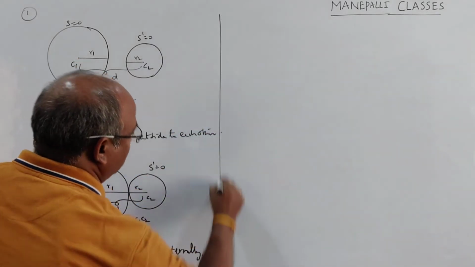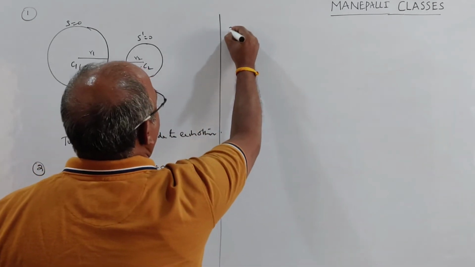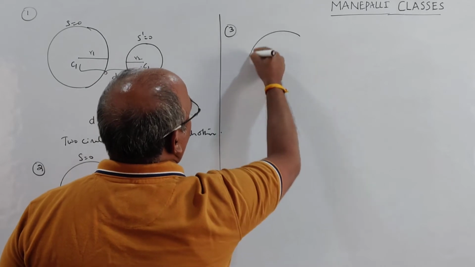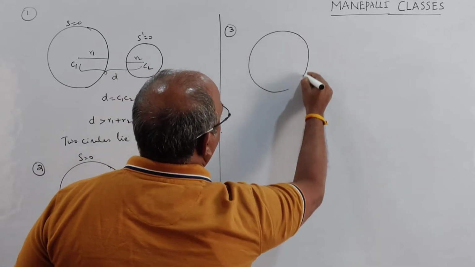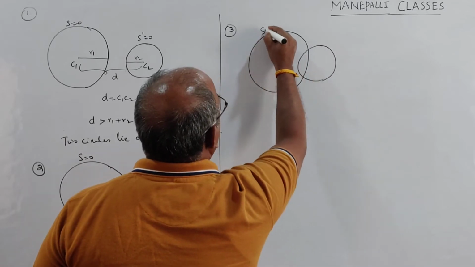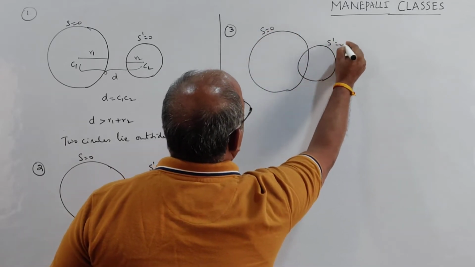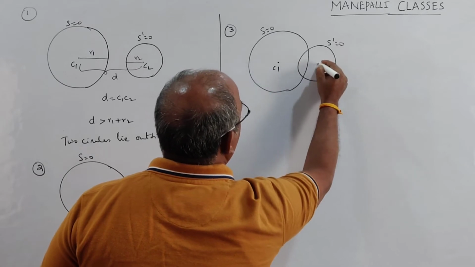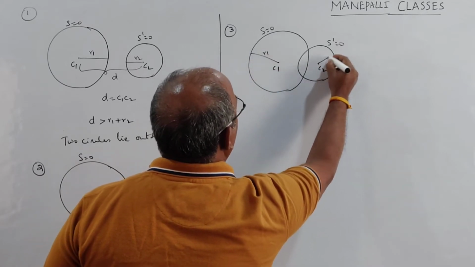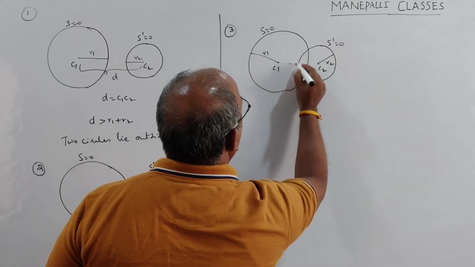Let us move on to the third case. This is circle 1 and this is circle 2. S equal to 0 and S dash equal to 0. Their centers C1, C2, and the radii R1, R2.